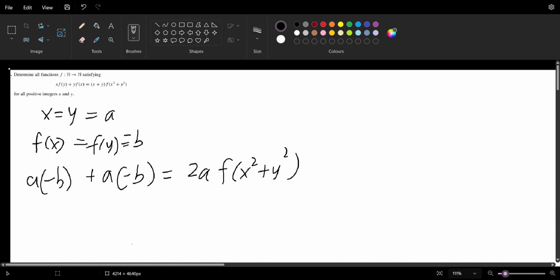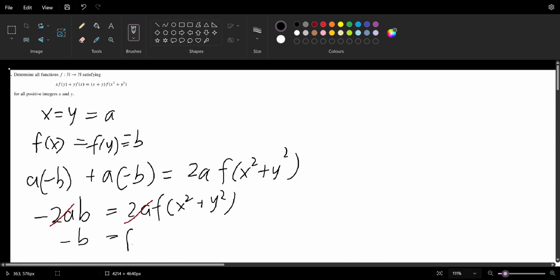All right, let's just simplify. We have minus 2ab is equal to 2a f of x squared plus y squared, and let's just cancel out. That means minus b is equal to f of x squared plus y squared.